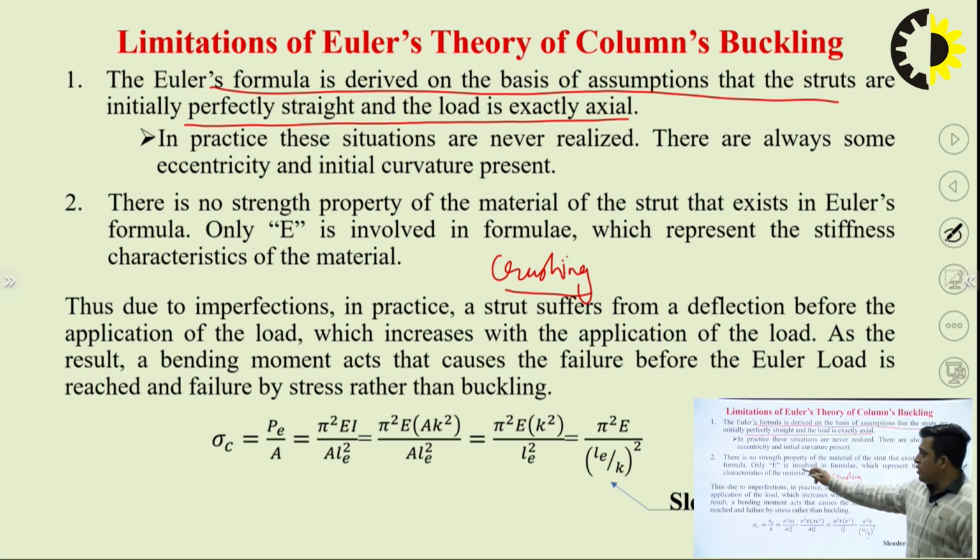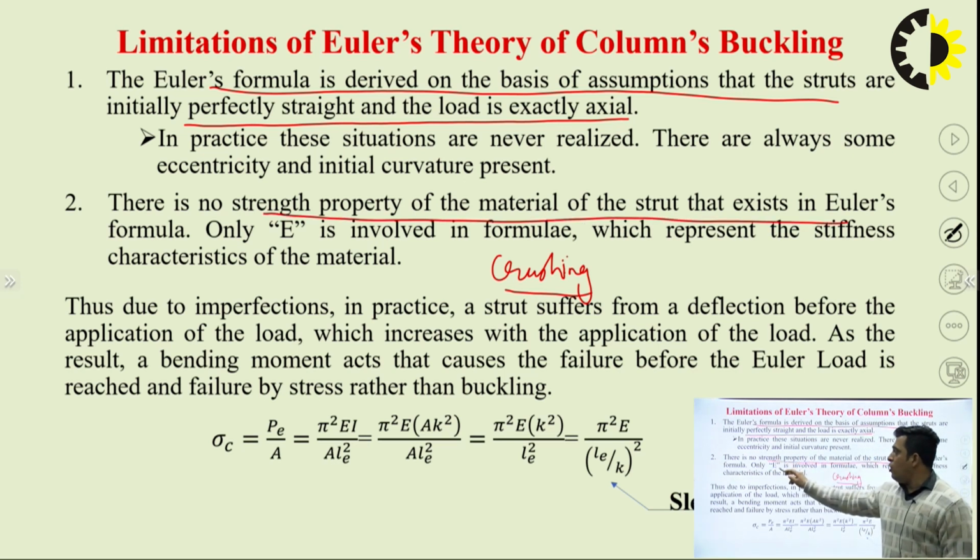See, in the second property it is written, there is no strength property of the material that exists in Euler's formula. Only E is involved, which represents the stiffness characteristics of the material. Now, if we have to decide whether the column is going to fail by buckling or by crushing, only one parameter helps us in deciding that, and that parameter is known as the slenderness ratio.